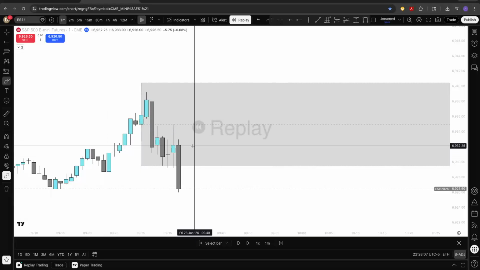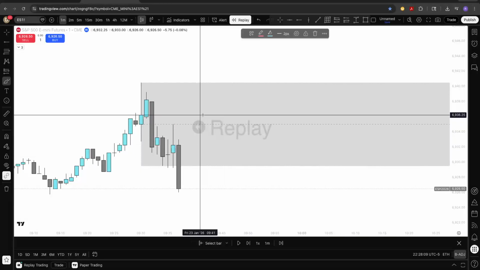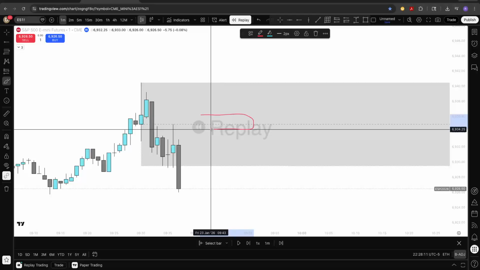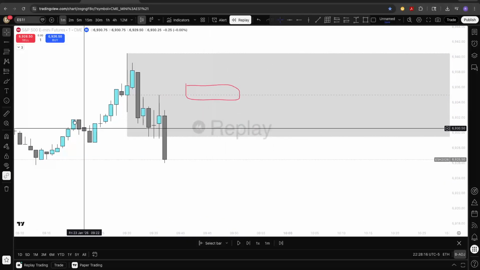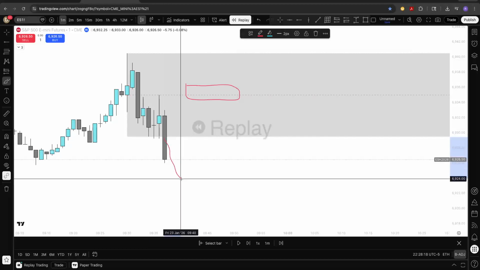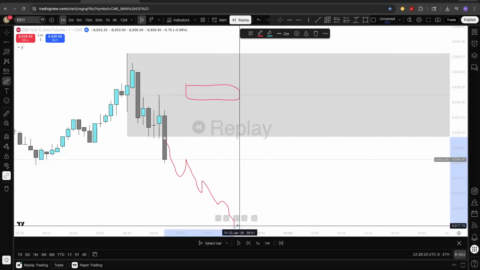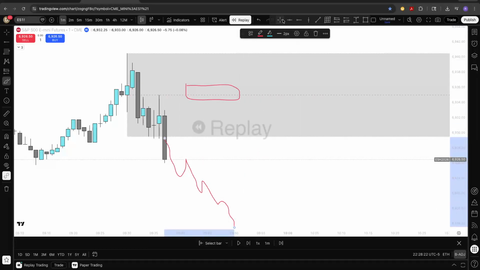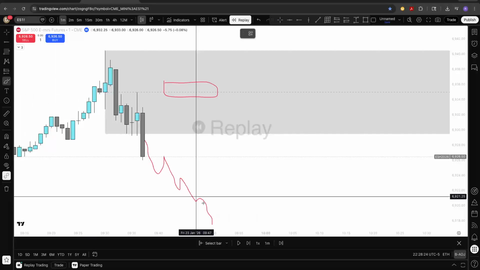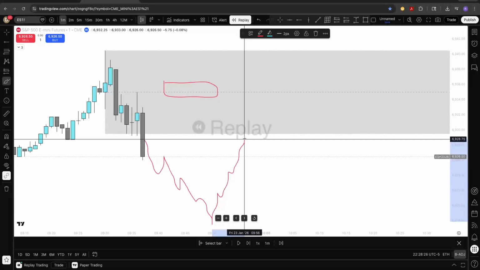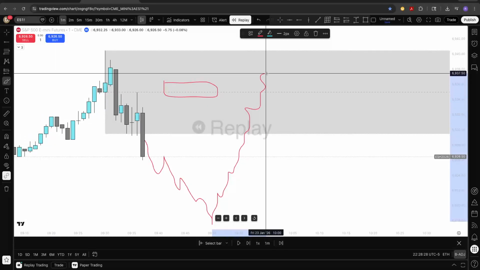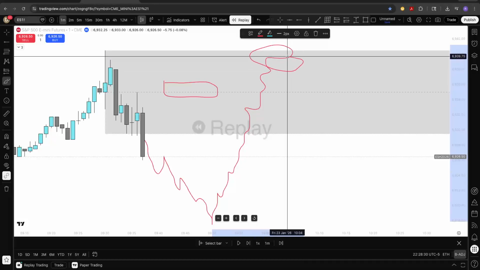And where do we want to enter on these shorts? Anywhere in this area. Or say price runs all the way down here for a couple of minutes, okay? And then comes back up with a lot of buying pressure. I'll maybe look to enter at the top of the box, all right?